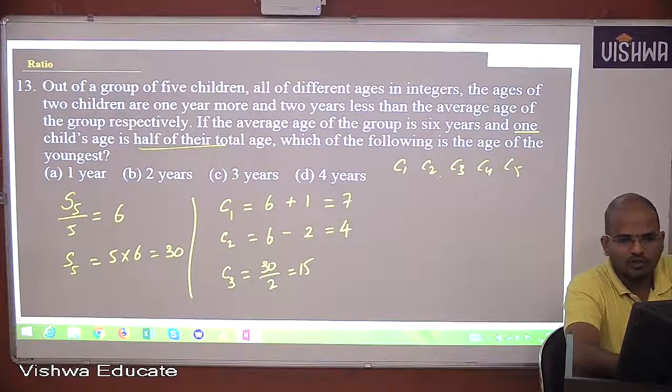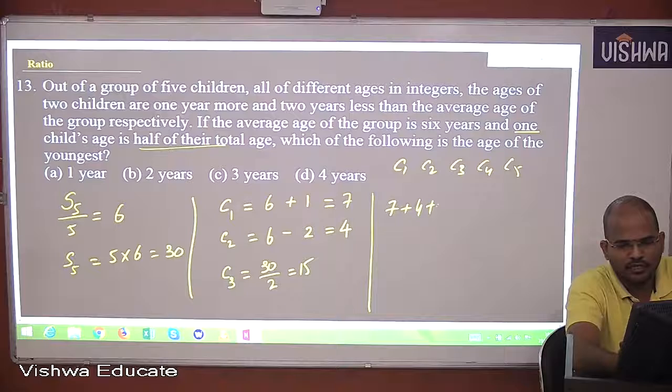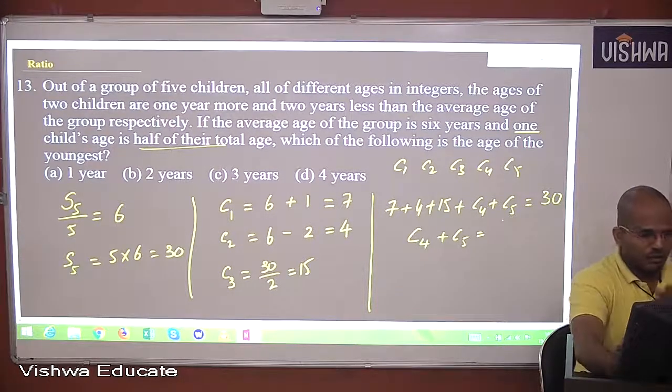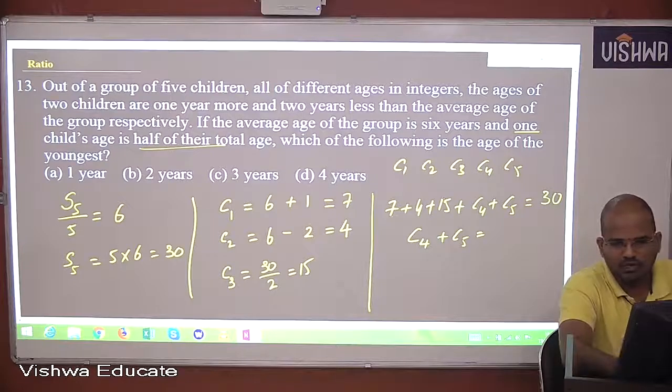Now, which of the following is the age of the youngest? So 7 plus 4 plus 15 plus C4 plus C5 is 30 years. So C4 plus C5, 7 plus 4, 11, 15, 26.